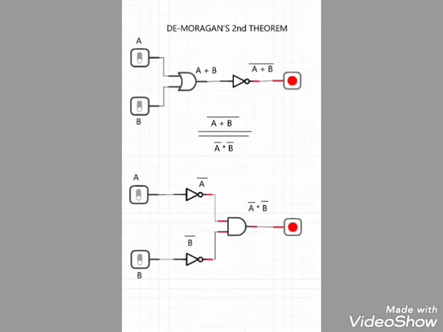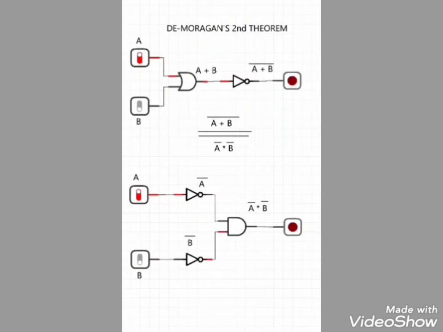When both inputs are high, our output is low. In the second diagram, when we make both inputs high, our output will be low, that is, our LED will be 0. When one input is high and one input is low, our output will not change, it will remain the same, that is 0.